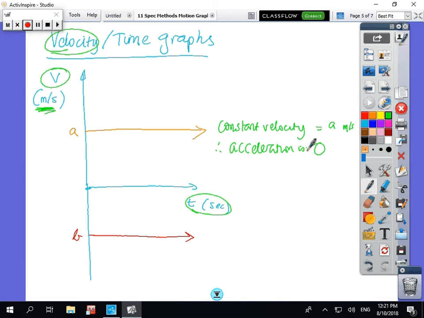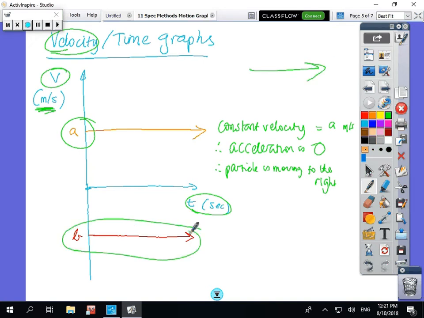This obviously is a positive number, so therefore the particle is moving to the right. Now down here, it's a constant velocity of minus b meters per second.